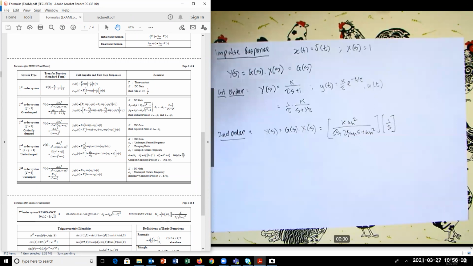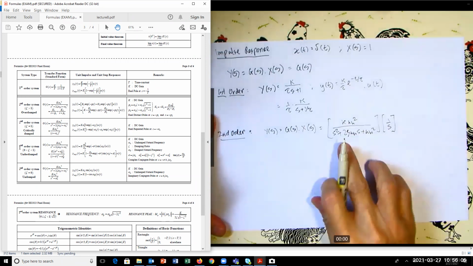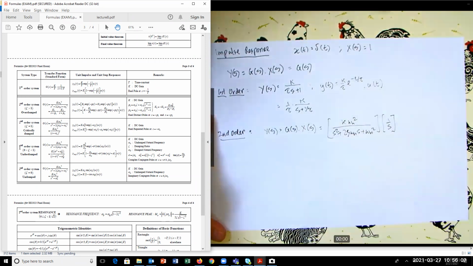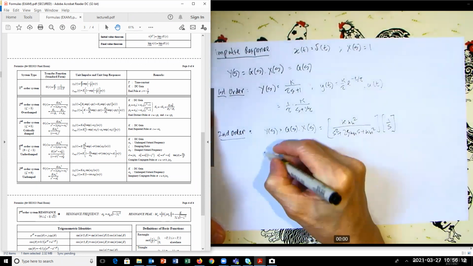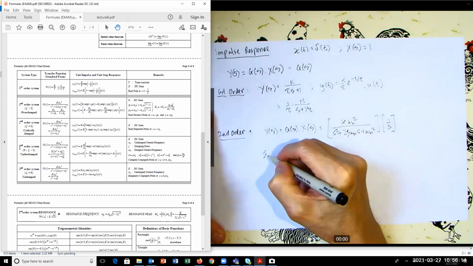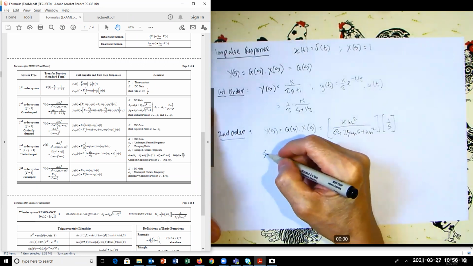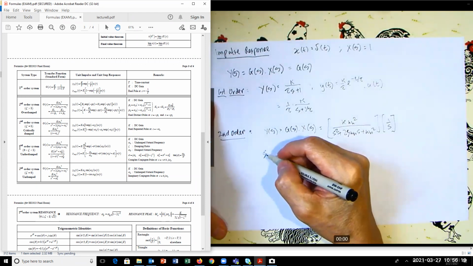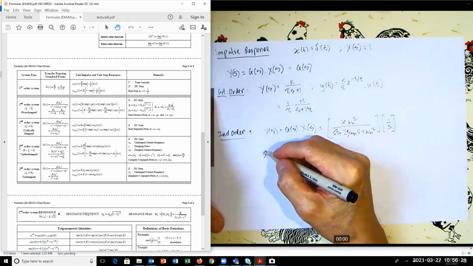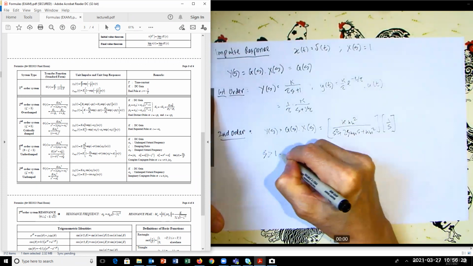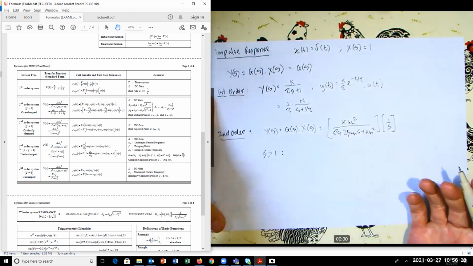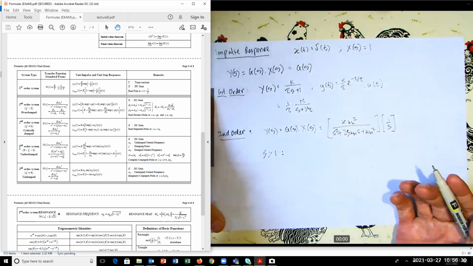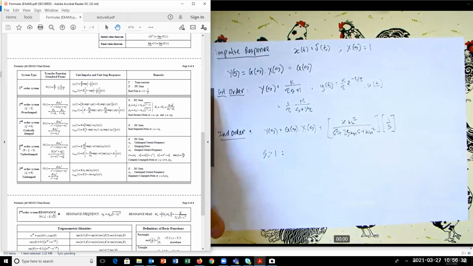The result of y(t) depends on those 4 cases: greater than, equal, less than, and no damping. So if zeta is greater than 1, we have the overdamped case. If you go through those 4 steps, step 1 is differential equation, step 2 Laplace, step 3 factorize, step 4 inverse.